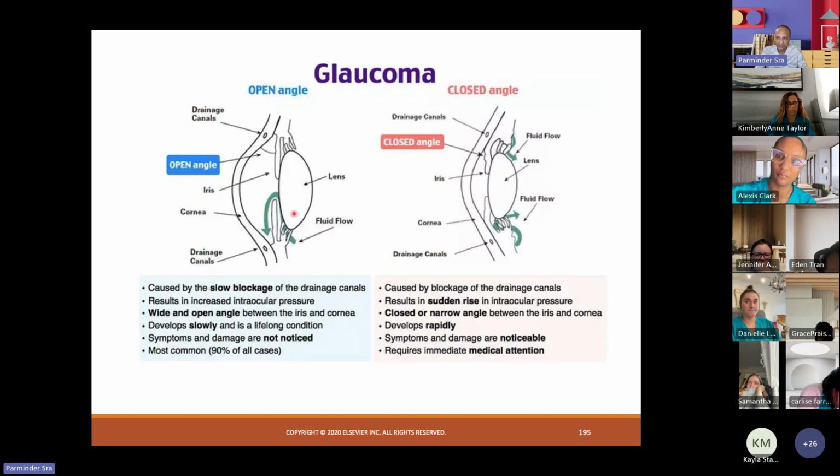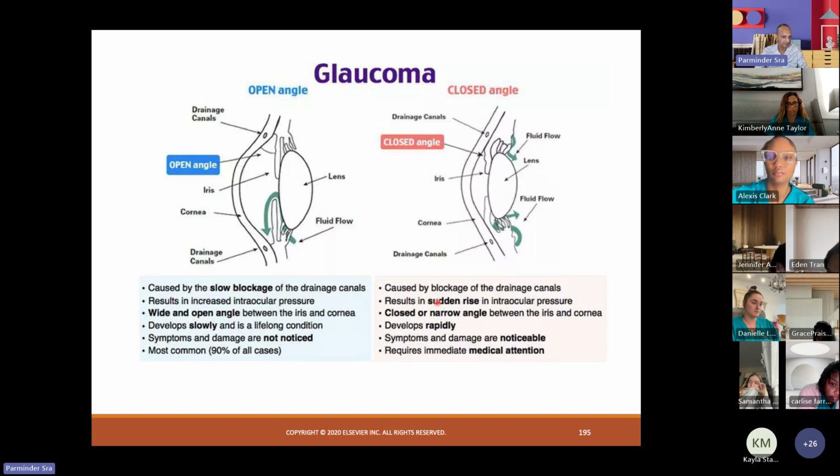Another picture here, see open angle, that to some extent is still draining, not completely blocked, but on the other hand, the closed angle is completely clogged. And the open angle happens slowly, but in closed angle, it's sudden.